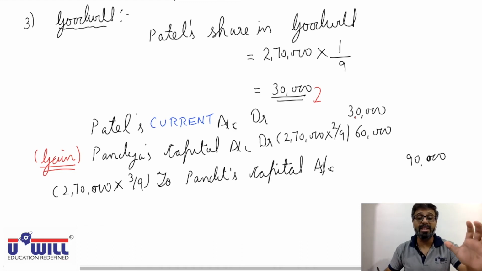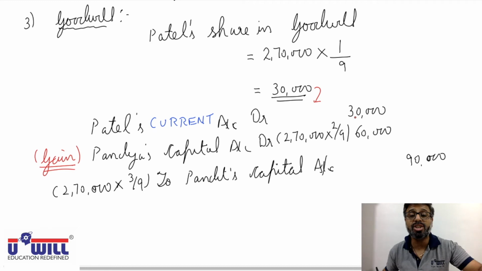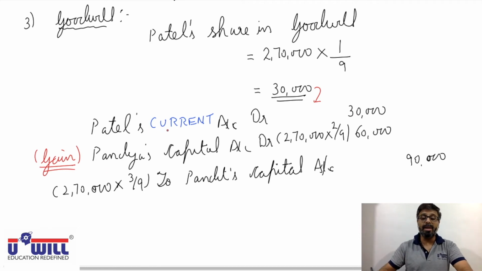Patel's capital 50,000 is taken as the base for deciding the capital of Pandit and Pandya, so we cannot change his capital, we cannot change the base. That's why instead of Patel's capital account, we debit Patel's current account.